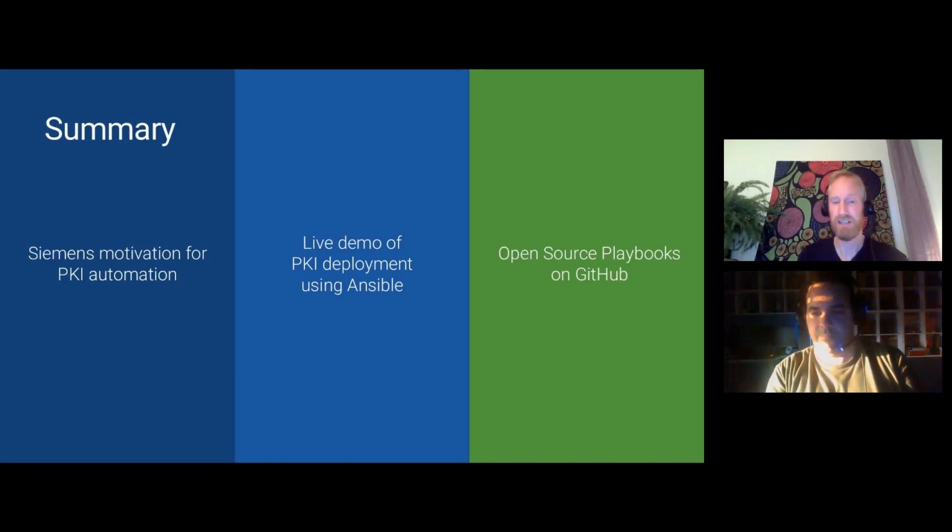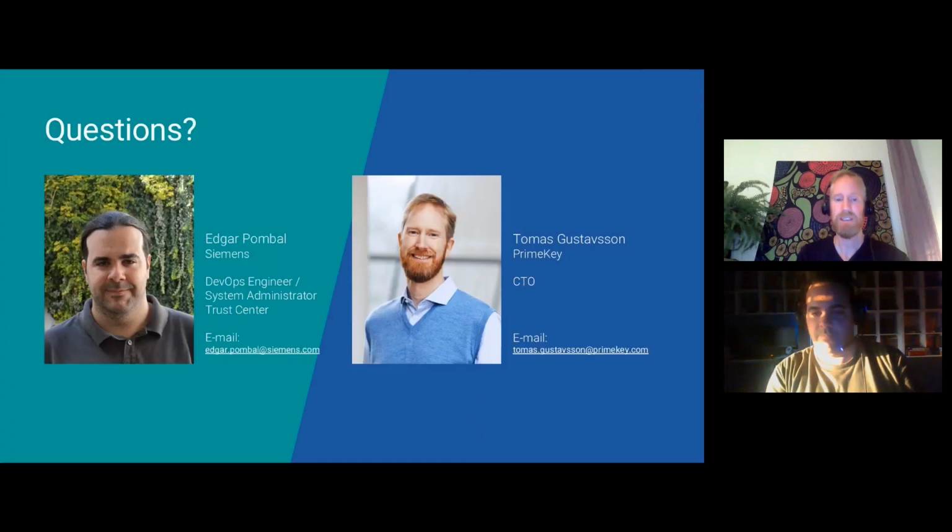We also saw Edgar give a live demo of how they do PKI deployment using Red Hat Ansible and Ansible Tower. And finally, I showed where you can find open source playbooks on GitHub that you can start with. That was it for this presentation, and we're ready for some Q&A, if there is some.